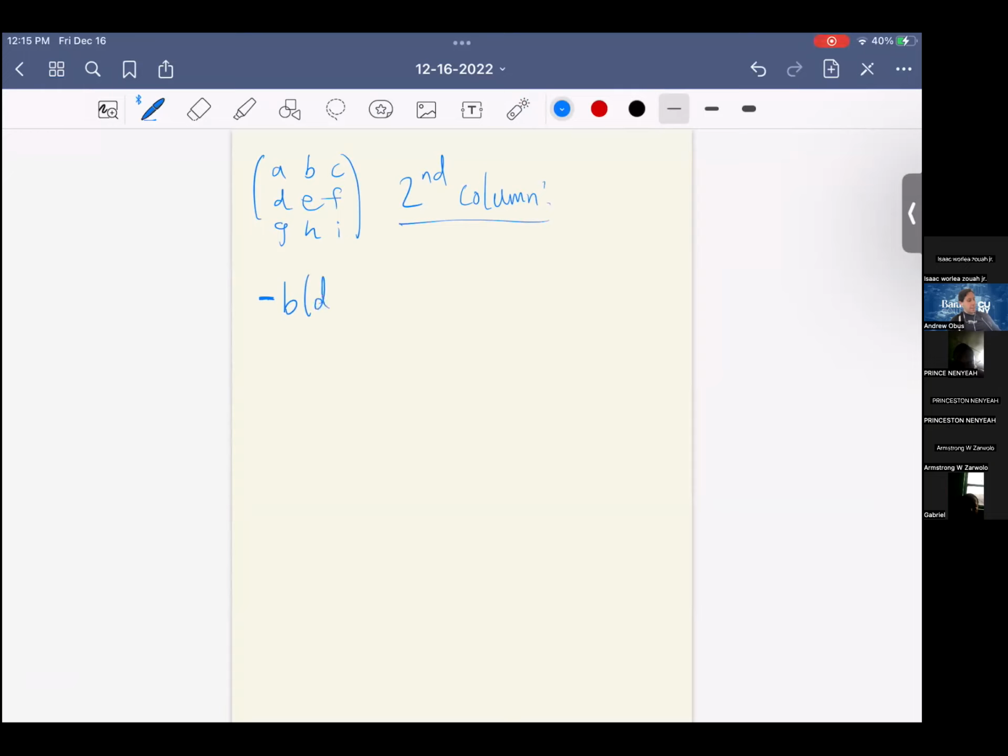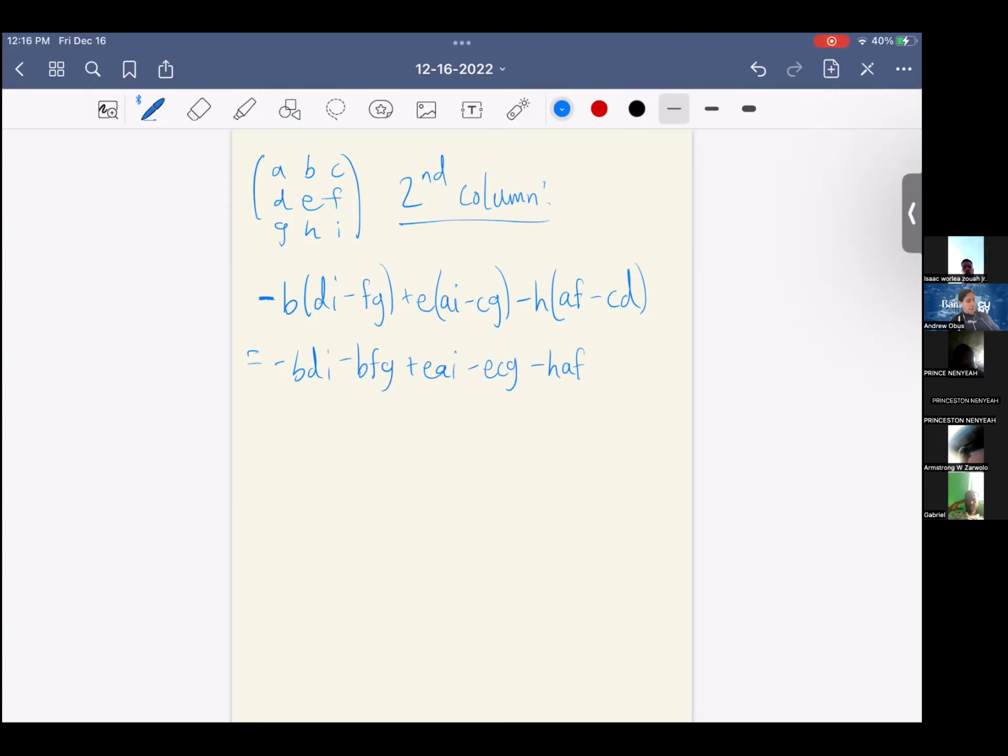So I'm getting minus B times DI minus FG, and then plus E times AI minus CG, and then minus H times AF minus CD, right? H, I get A, C, D, F is my matrix. If I multiply this all out, this is minus BDI minus BFG plus EAI minus ECG minus HAF plus CDH.